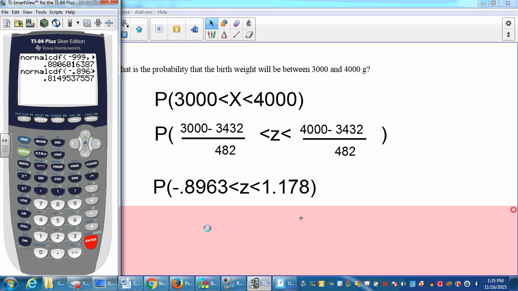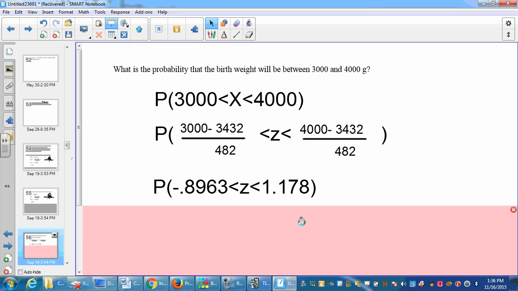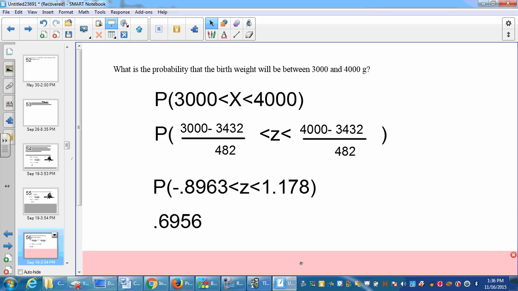So now we take out our calculator, we do our normal CDF, and our lower bound is negative 0.8963, but now our upper bound is 1.178. We still have a mean of 0 and a standard deviation of 1. Now when we do that, we have a value of 0.6956.